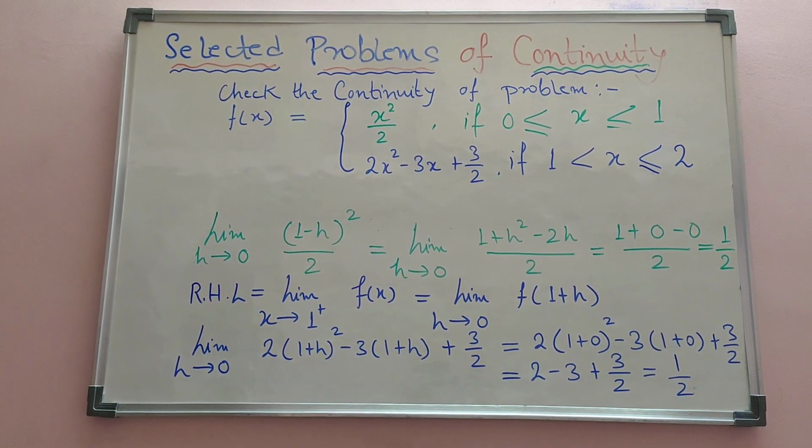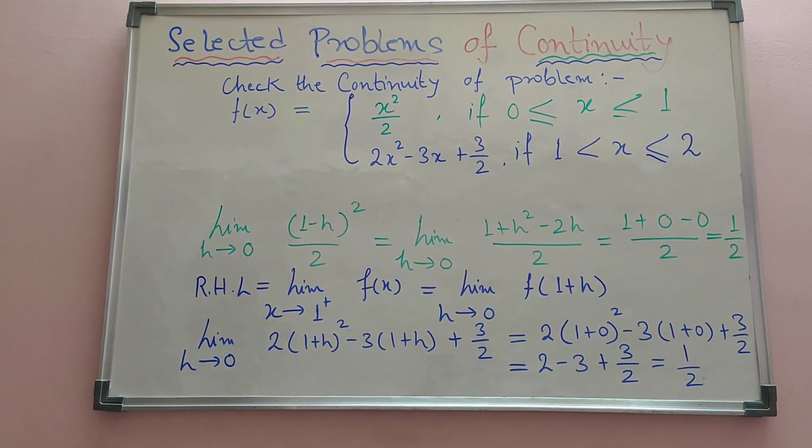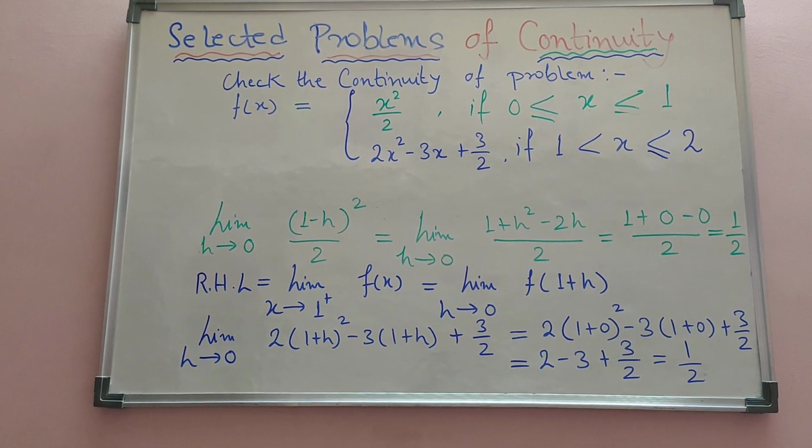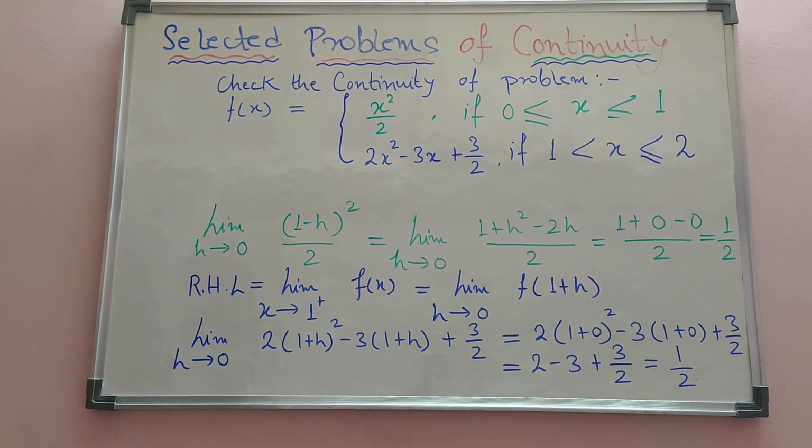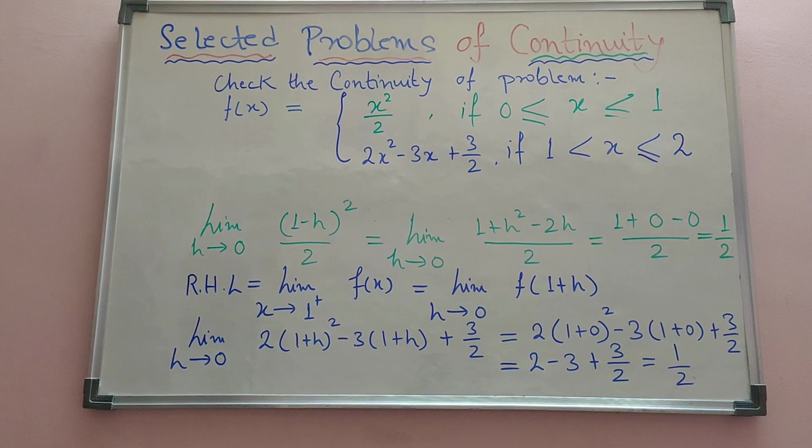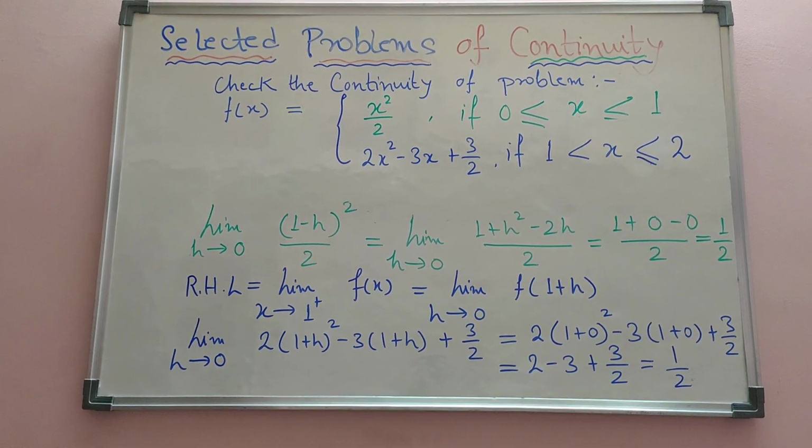Now we have to find out f of x at the given point. Your point is at x equal to 1. So f of x at x equal to 1 we have to find out now.